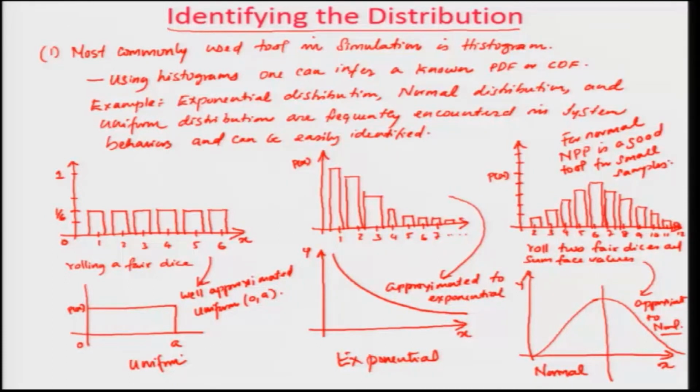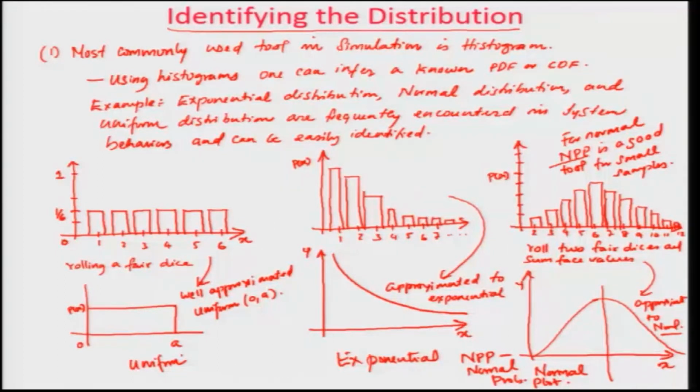NPP stands for normal probability plot. For a small sample size, less than 20, 50 or so, you can usually use NPP as a good tool instead of the histogram.